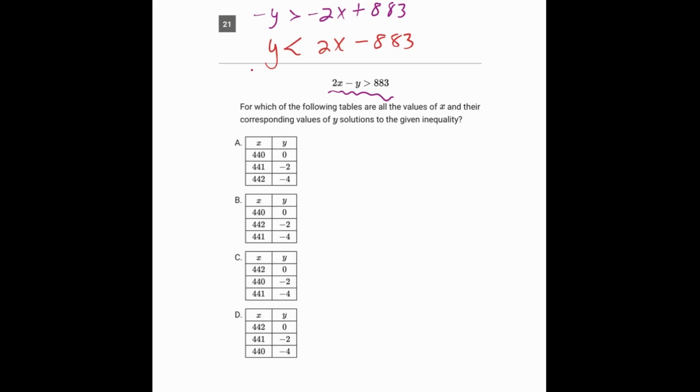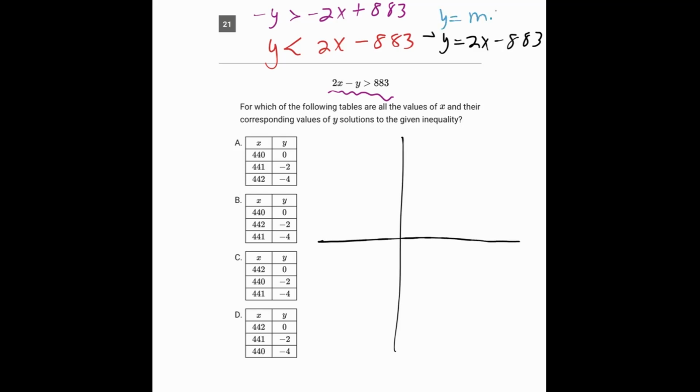So now we have it in a y equals mx plus b format. So we'll compare it to the y equals mx plus b line that's related to this inequality. So just imagine you have an xy axis, and if this is y is mx plus b, then our b is negative 883, and our slope is 2.